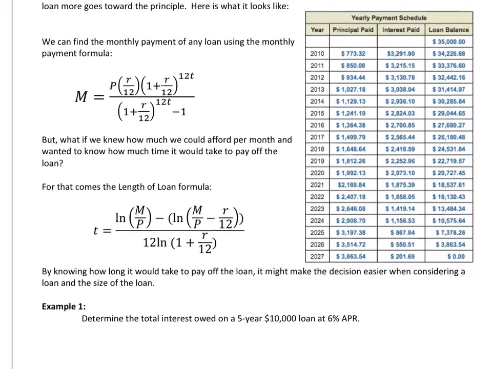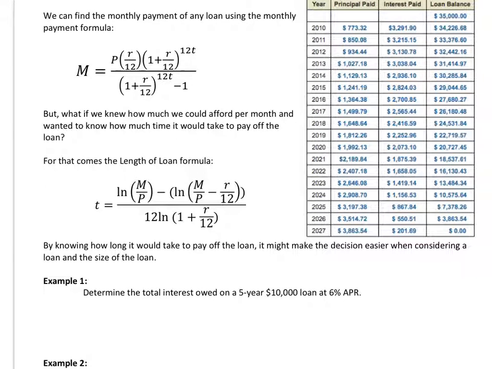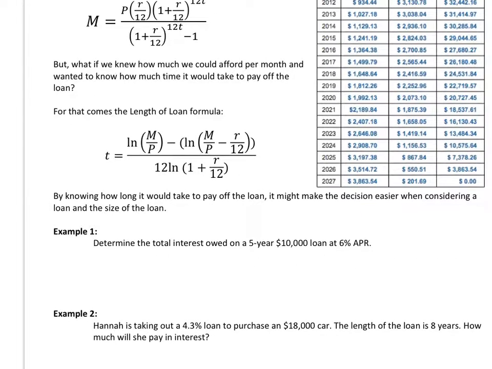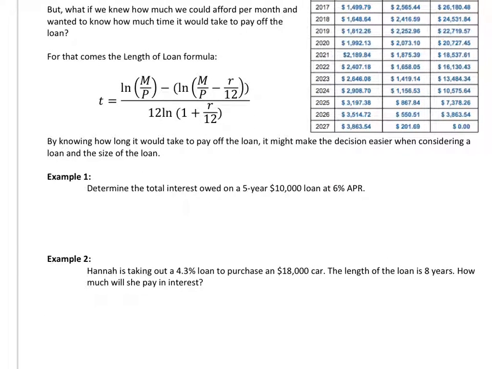So back to this. Okay, so there's that monthly interest formula. I made some examples down here if you want some more practice with this. So example number one, don't worry, we'll come back to this formula, but I wanted to just practice with the formula that is right here.